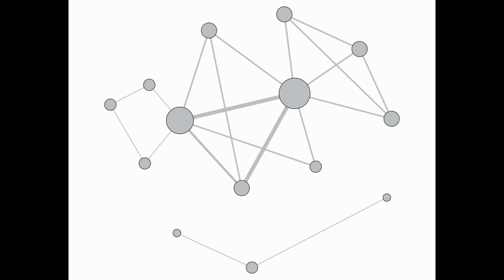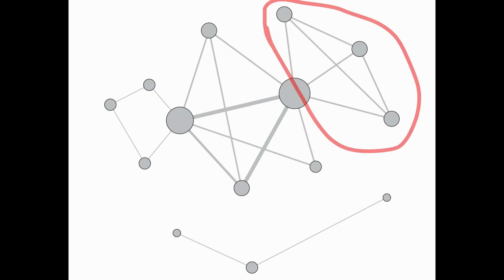So for example, in this network, if we want to look for some cliques, what I realize is this part becomes a clique because everybody in this part is connected to each other.